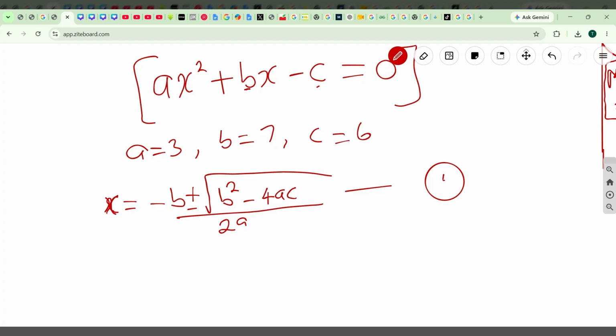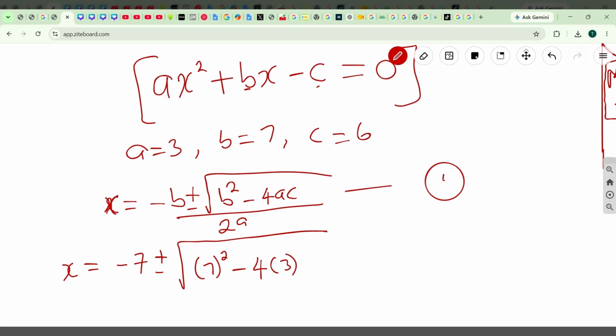So wherever I see a, I put 3. Wherever I see b, I put 7. Wherever I see c, I substitute the value of 6. So let's go. That's going to say x is equal to negative, our b is what? 7, plus or minus the square root of 7 squared minus 4, a is 3 and c is 6.